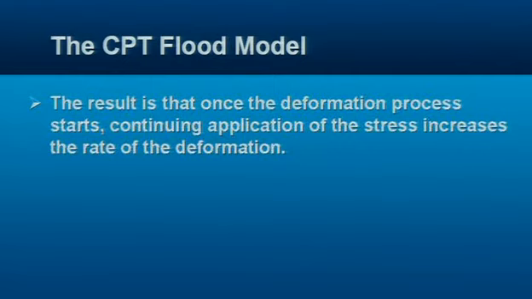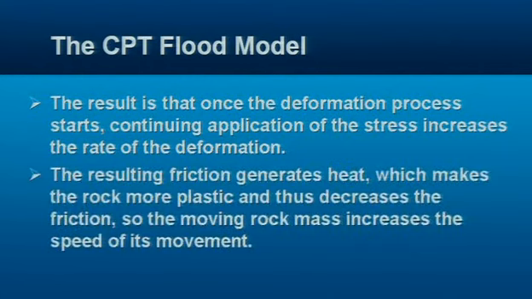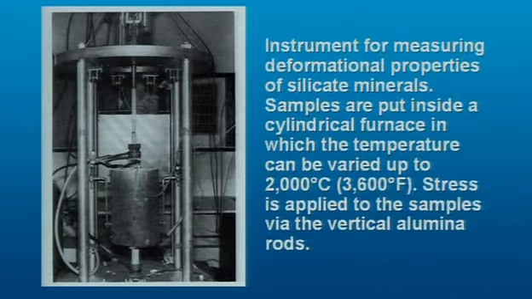The result is that once the deformation process starts, continuing application of the stress, pressure on the rocks, increases the rate at which it occurs. And the friction generates heat, which makes the rocks more plastic and able to deform or change its shape, and that decreases the friction, so it moves more rock at greater speed. This is the sort of equipment that scientists use to study how rocks under heat and pressure are affected.